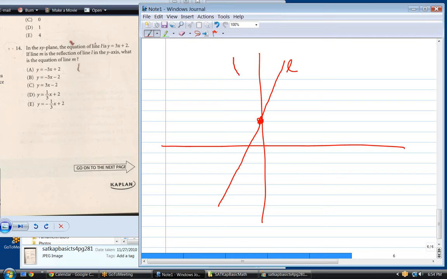If I draw the picture, now what's the slope of M? -3/1. Yes, -3. So what's the equation for line M? -3x plus 2. Right.